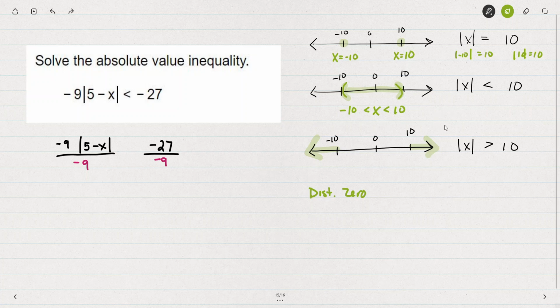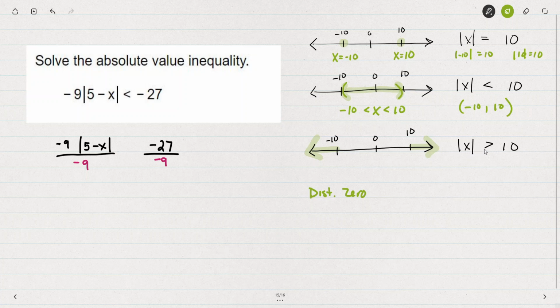By the way, if I wanted to translate this to interval notation, I could pull it right off of this number line, and it would be negative 10 to 10 exclusive, or in other words, parenthesis, negative 10, comma 10, parenthesis. This is not an ordered pair. What we're saying is we're going to start at negative 10 but not include it and go up to 10. So it's that part that's shaded on the number line.